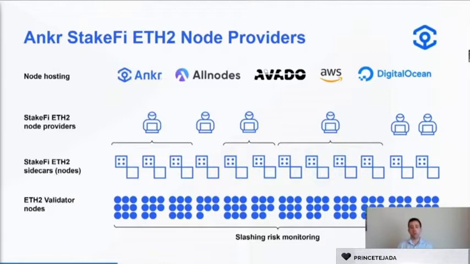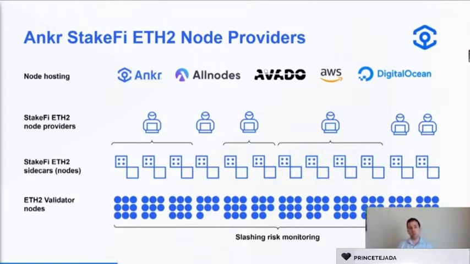So here it is actually our community that has been fantastic, and they're enabling 208 nodes in our system, and as a node provider, we basically delegate to them the ETH2 validator node task, and they perform that task instead of us to decentralize the system.